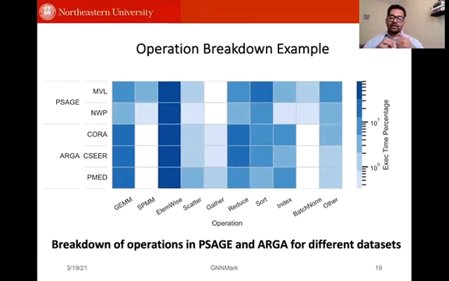And this creates very much a challenge for developing, say, a customized accelerator for GNN training, because you have different applications that spend different amounts of time in different operations. And even if you design for one application, depending on the input graph, you would have to take into account that they might spend a different amount of time in different operations.